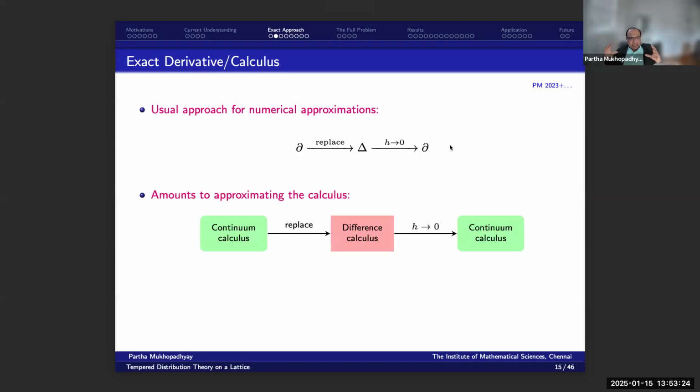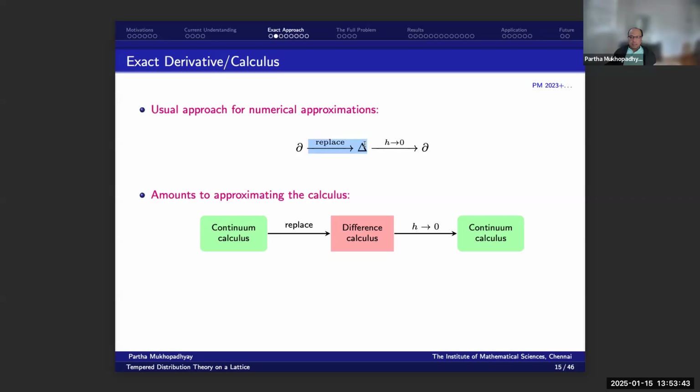This can be interpreted in a different way. By continuum derivative, each step actually refers to a series of calculations that we have to do in the theory. This means that in the continuum theory, we are doing calculations by using the usual rules of continuum calculus.